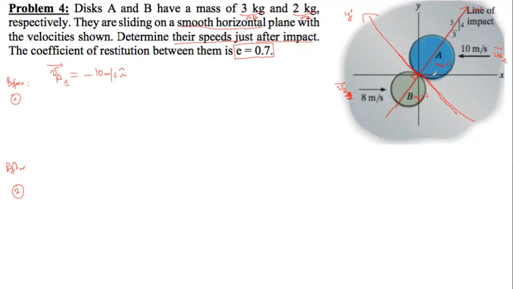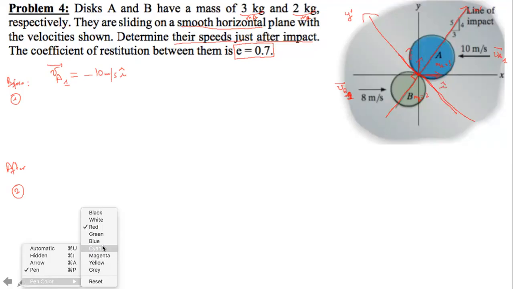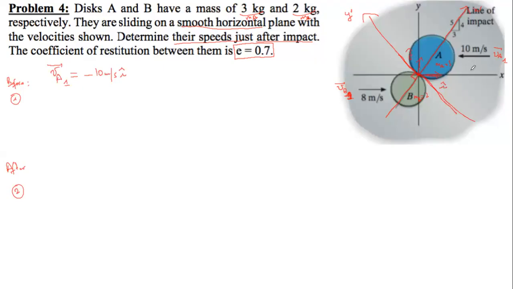This is the unit vector i hat, and this is the unit vector j hat. Now you can see that VA1 is minus 10 i hat. What about VB1?